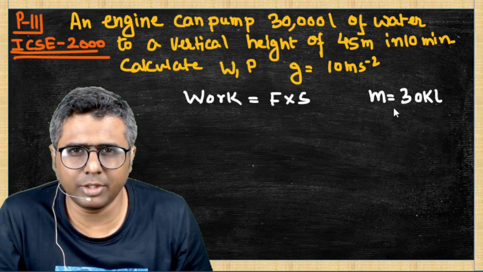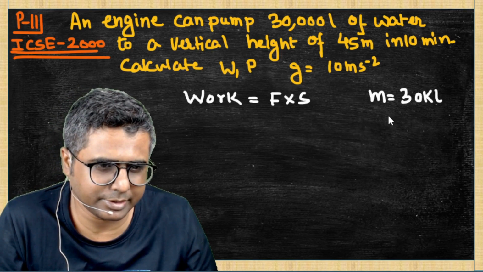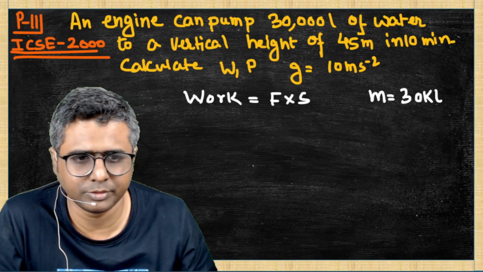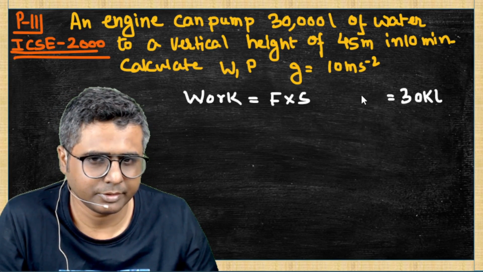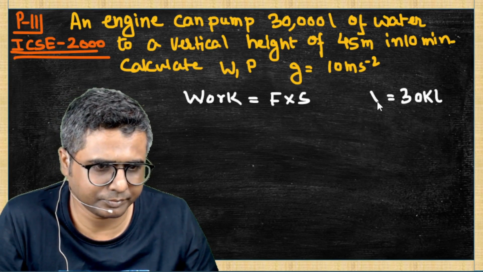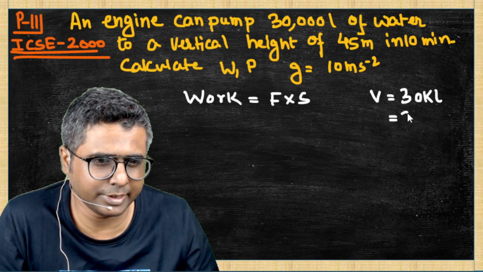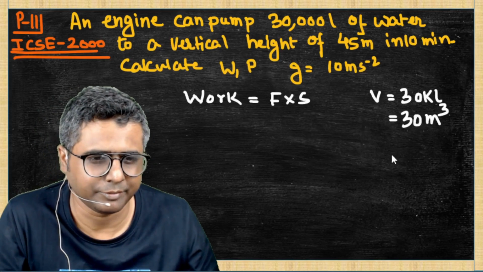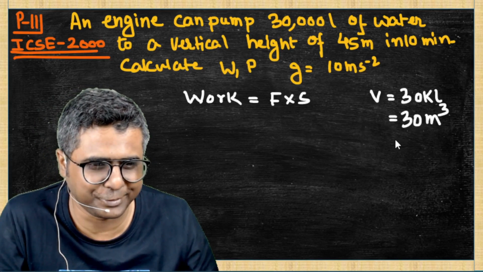30,000 liter means 30 kiloliter, so I'll write the volume first, it will be better. 30 kiloliter is nothing but 30 meter cube. Kiloliter and meter cube are the same. This will give you an easy way out.